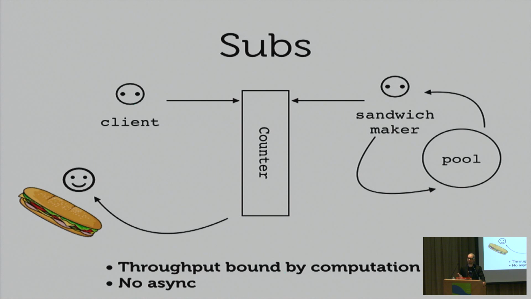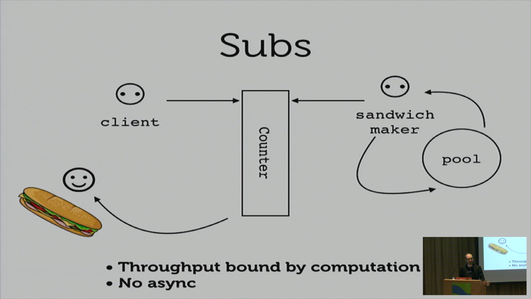But then you're done. And there's no point using async for this. There's no point having the sandwich maker switch off and try to make multiple sandwiches at the same time, or take a break, right? The sandwich maker should work on one sandwich at a time from start to finish. So this is when not to use async.